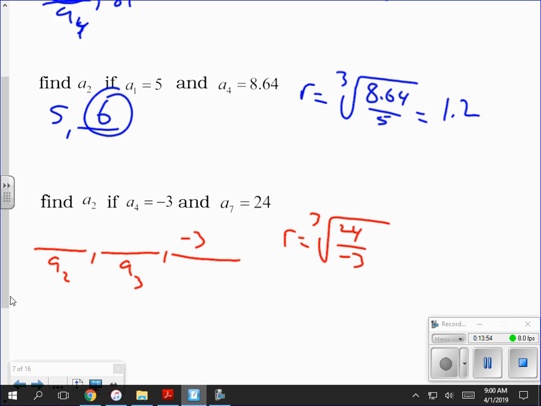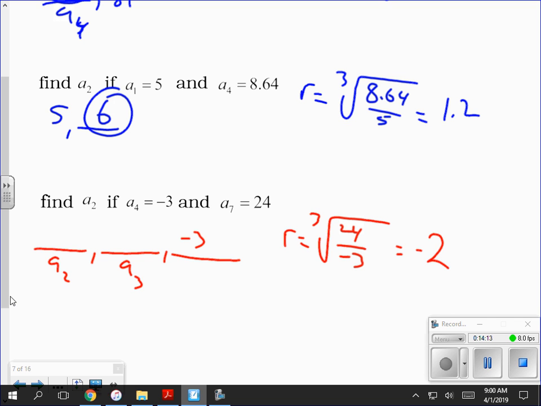And you will get -2. You do have to watch your negatives. Make sure your negatives are in there, because it will come up -2. This one is important. Okay? Because 24 divided by -3 is -8. Cube root of that is -2.